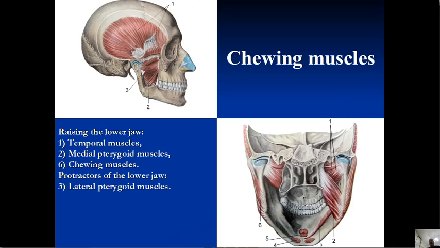And also we can classify these muscles according to their action. First, these are the elevators. For example, this is the masseter muscle.